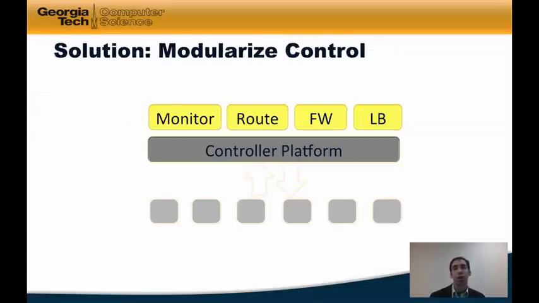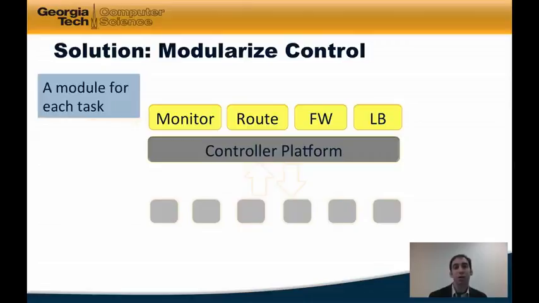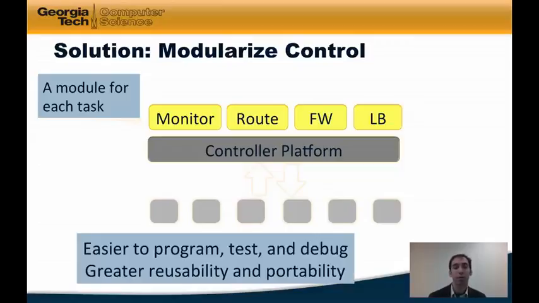A solution to this problem is to modularize the control so that the programmer writes separate modules, each of which performs a distinct operation. So the operator might write a module that performs monitoring that is separate from the module that performs routing, firewalling, and so forth. This is much easier to program, test, and debug, and it's also easier for a programmer to reuse or port different components of this control application.